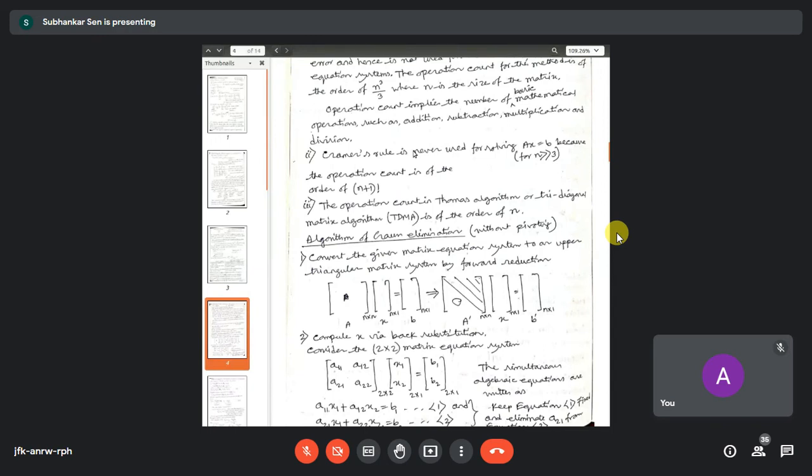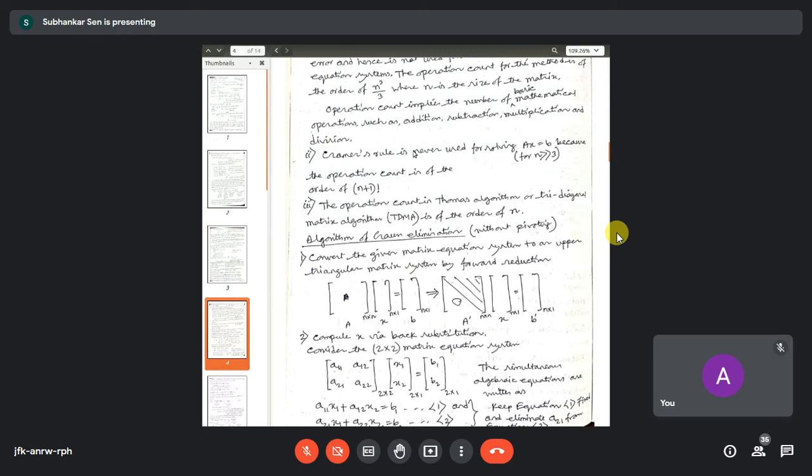Diagonal dominance ensures that the modulus of the diagonal term is greater than the modulus of all the remaining terms added up. Okay, if it is not happening, then we do some swapping. By some swapping, we make the matrices diagonal dominant, and after making it diagonally dominant, we use the Gauss elimination.